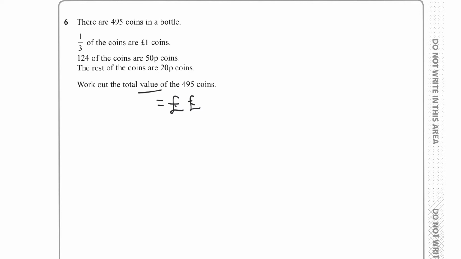So in order to work out the total value, we need to work out how many of each coin there are first. So let's look at the £1 coins. It says a third of 495 are £1 coins. Because this is a calculator paper, if you put into your calculator 495 divided by 3, that will give you a third, and that should give you an answer of 165.